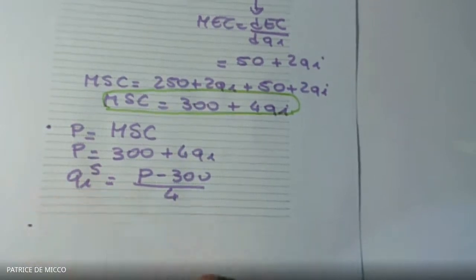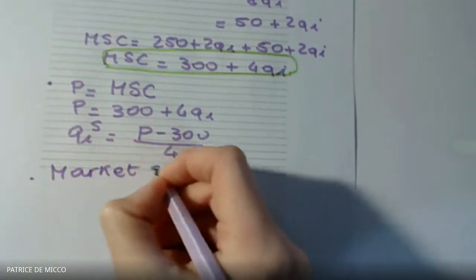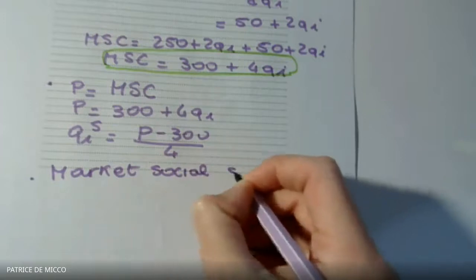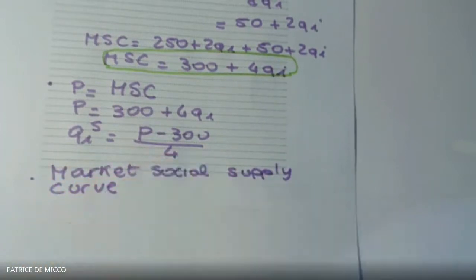So now we can compute the market social supply curve. So the supply curve of the market that takes into account the externality and hence leads to the socially efficient level of output.